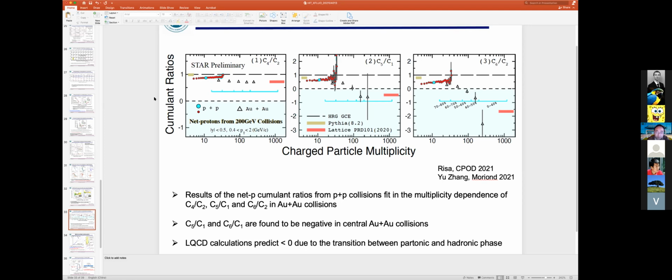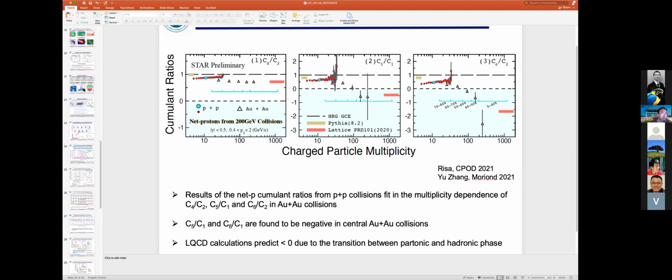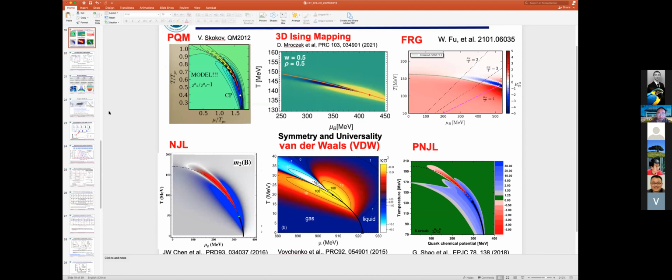Do you have predictions? Specific predictions? Well, I think Volodya at some point had specific predictions. Yeah, I have. We published a paper with a calculation of net-proton fluctuations in the hadron resonance gas model, with van der Waals interactions. The behavior of kurtosis at low temperatures is exactly as on Xiaofeng's slide here.